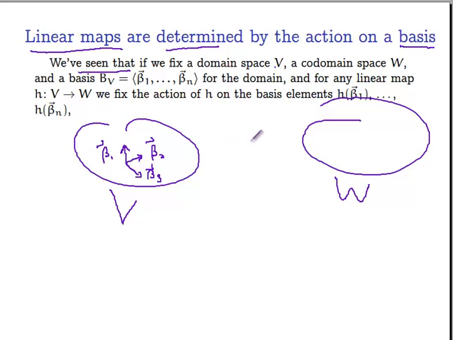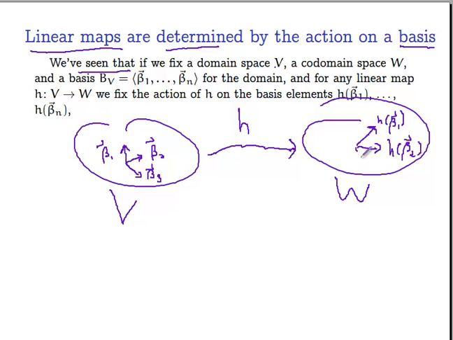Now, if we have a linear map from V to W, then that linear map H will act on all of the basis vectors. So somewhere in here, I'll have H of beta 1. I think you understand what I mean. I'd also have H of beta 2 going somewhere.